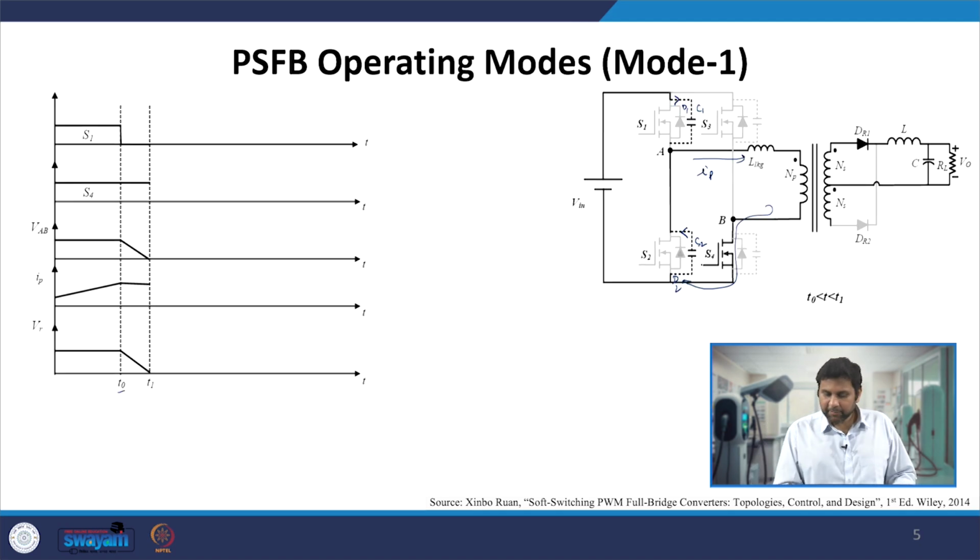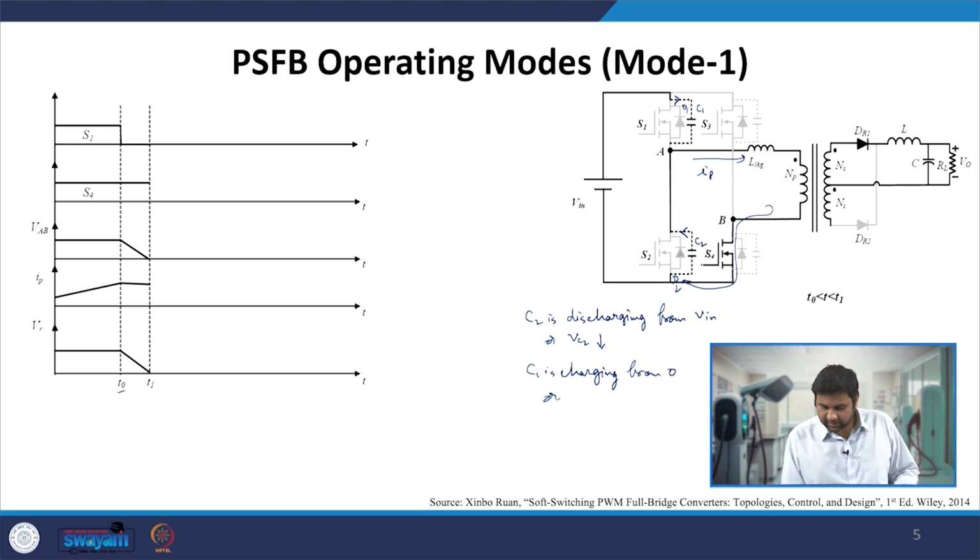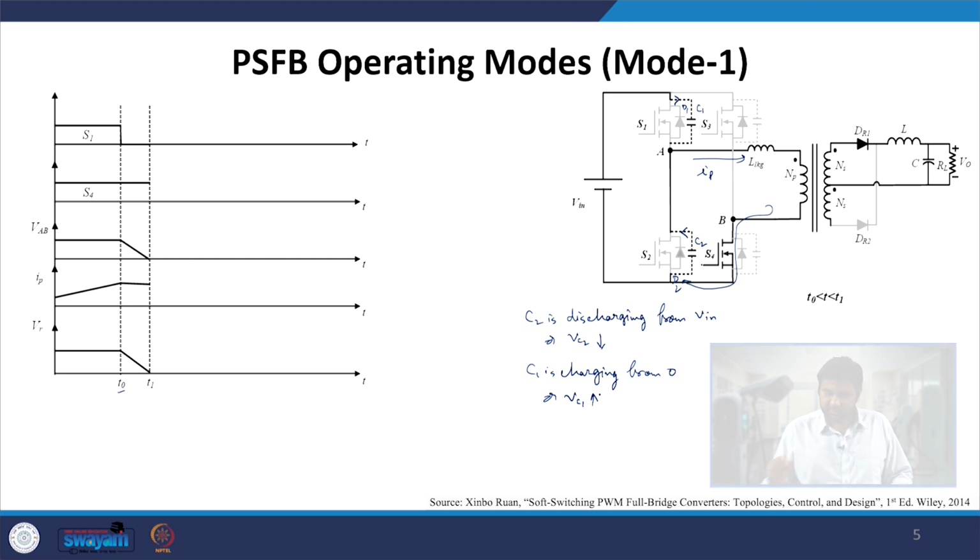So in this case C2 is discharging from a voltage V in, and we can say that the VC2 voltage is decreasing, and because the current is in this direction, C1 is charging from 0 voltage, and VC1 is increasing.